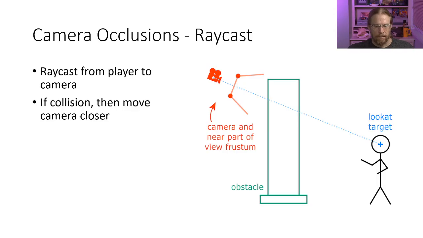So the sort of classic approach to figuring out if a camera can see something is to cast a ray from the camera's position towards the object of interest and picking like just one point in the simplest case, but you might actually have multiple points of interest on the game object, say the head, the torso, maybe the legs.